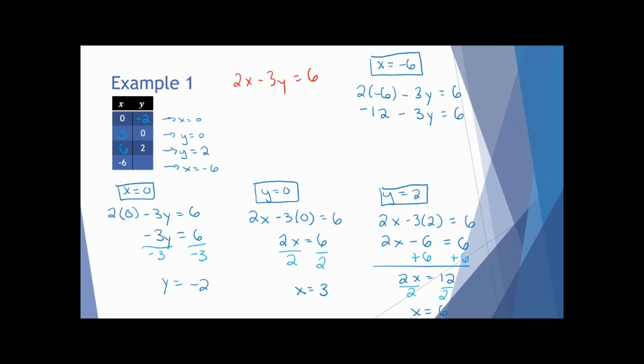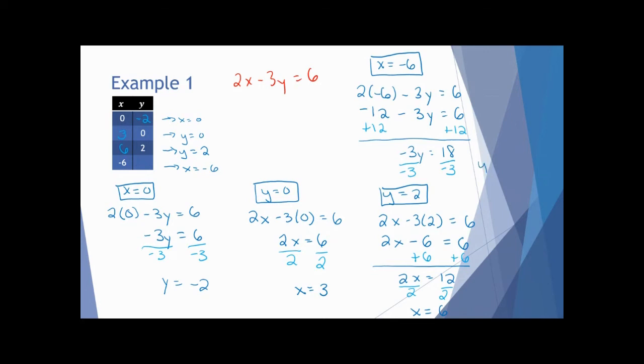So now I'm solving for y, so I need to add 12 to both sides. That gives us negative 3y equals 18. Then I need to get rid of the negative 3, so I'm going to divide both sides by negative 3.